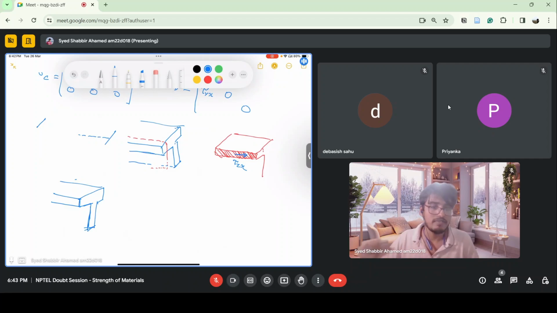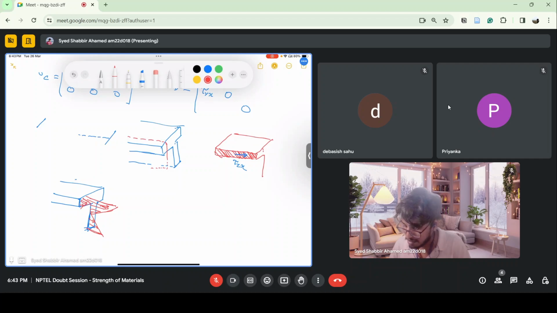For an I section and also for a T section, what happens is that we have a stress distribution that looks like this, something like this, tension and compression, and this continues like this.